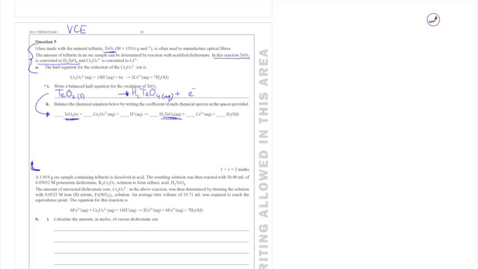Now, in terms of what's actually causing the oxidation of the TeO2 within this chemical equation, well, let's look at this balanced equation. I've got TeO2, I've got my dichromate ion, and I've also got my hydrogen ions. None of these things, amusingly enough, are actually going to be able to help oxidize TeO2. Instead, we're going to have to look to the right-hand side of our equation, and we see that we've got water kicking about.